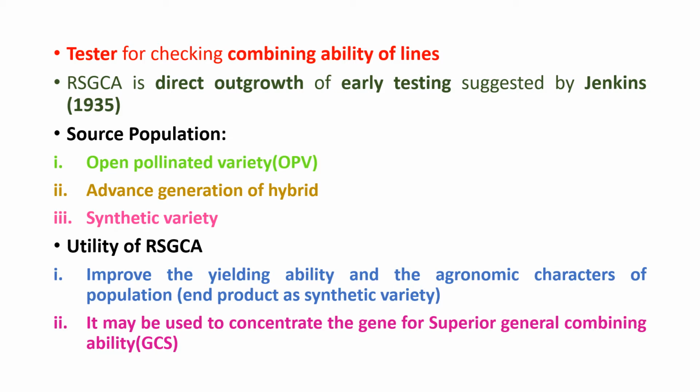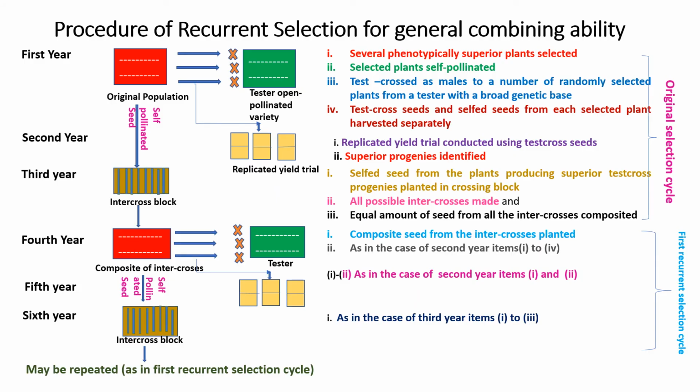Utility of RSGCA. It improves the yielding ability and agronomic characters of population. It may be used to concentrate the genes for superior general combining ability. Procedure of recurrent selection for general combining ability.